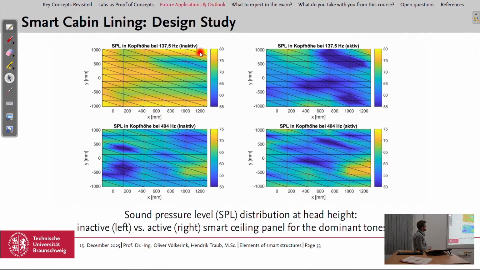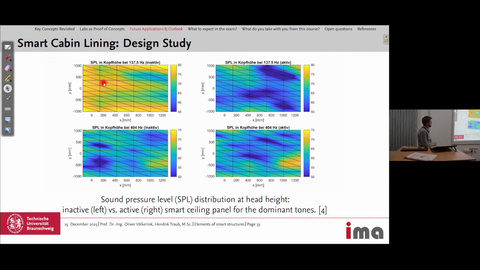And then they measured sound pressure level, so the distribution of the sound pressure level at head height and afterwards also at different heights. And this was in the preliminary design study. So these are not measured values, but the calculations for the design.